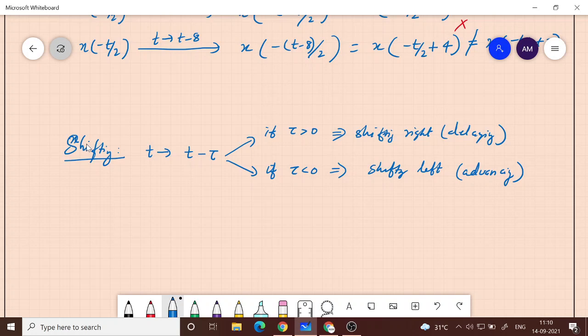Or if you have specific values, t going to t plus 3 is a left shift, and t going to t minus 3 is a right shift, by 3 units.